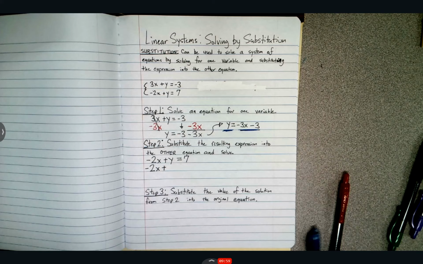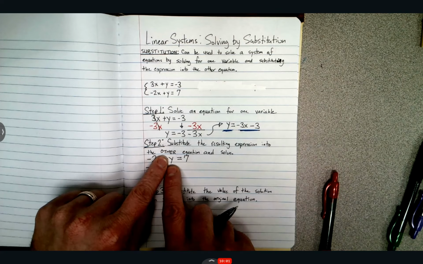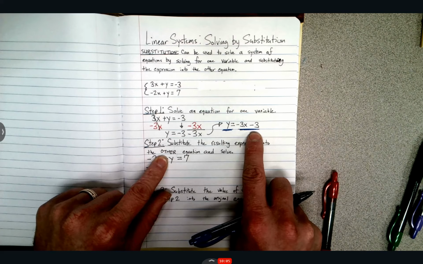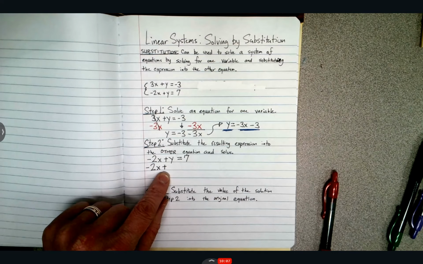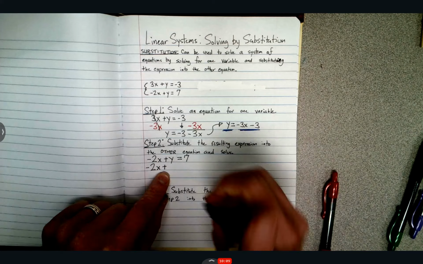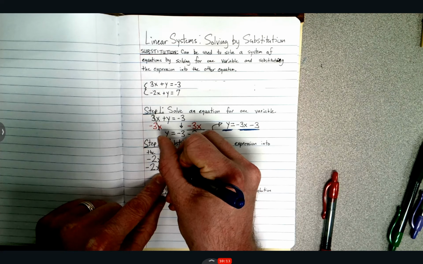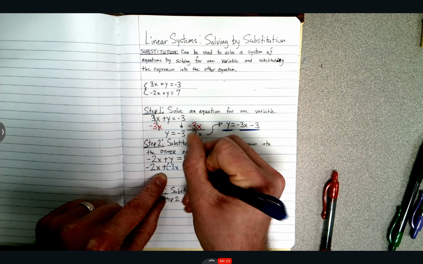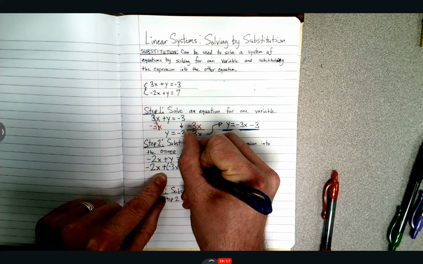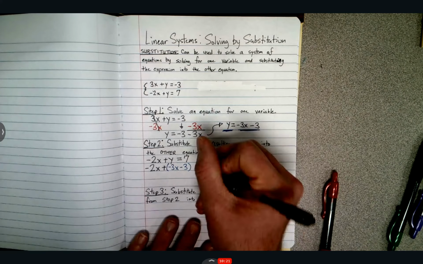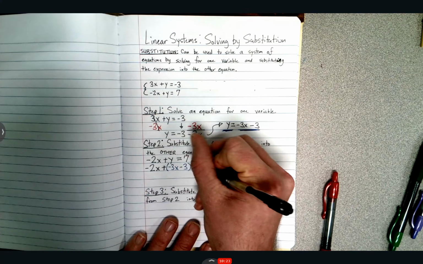And then we are just replacing the letter y with negative 3x minus 3. Whenever you substitute, the other thing you need to make sure you always do, use parentheses. Anytime you substitute something into anything, always use parentheses because sometimes you'll have to distribute. And if you don't distribute, you're going to get the wrong answer.